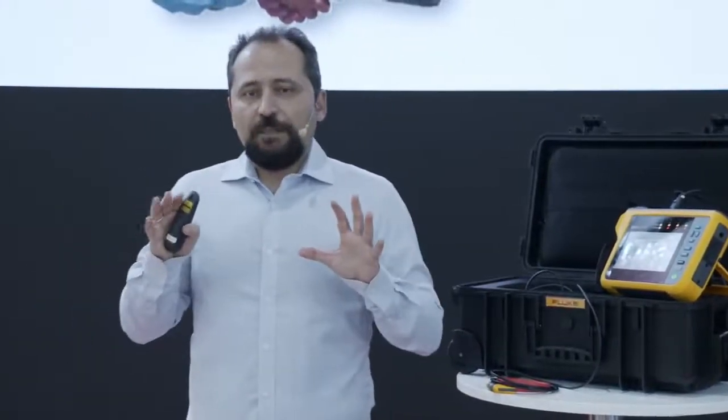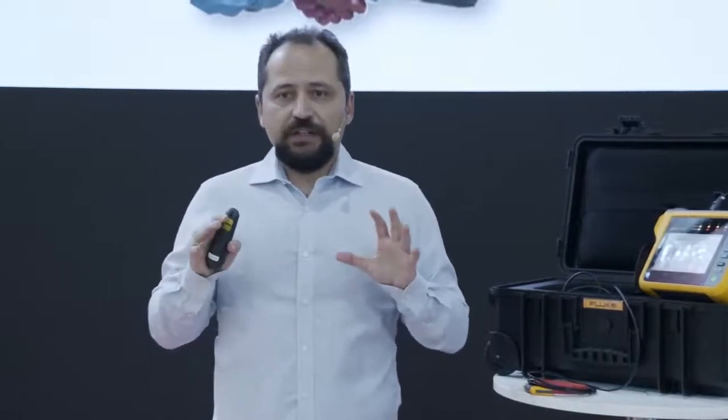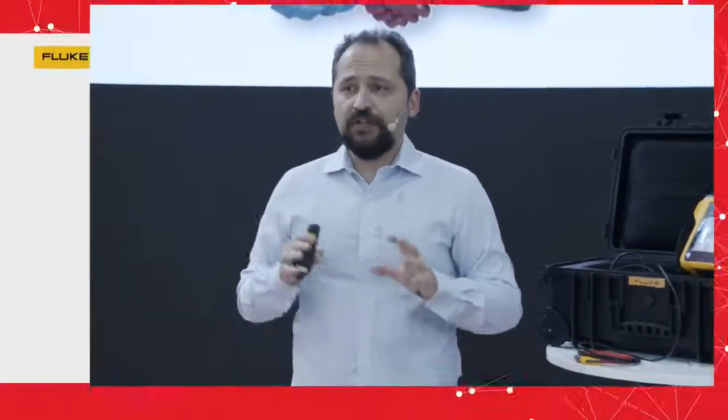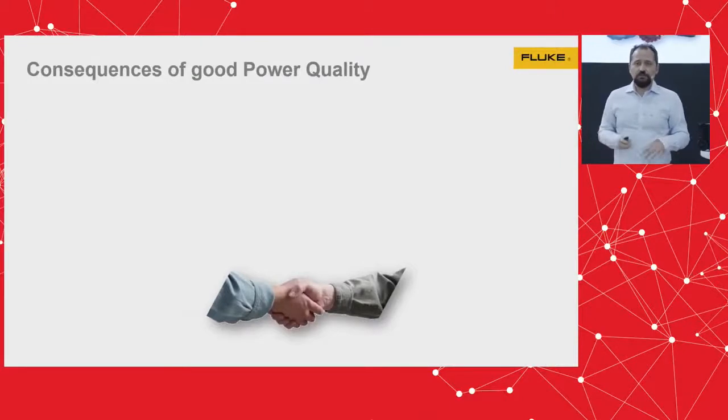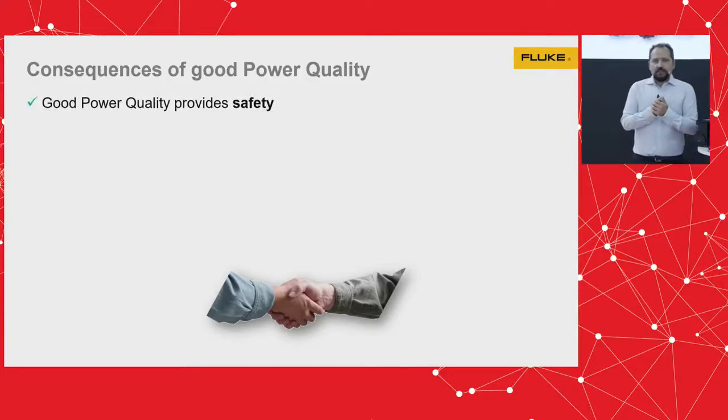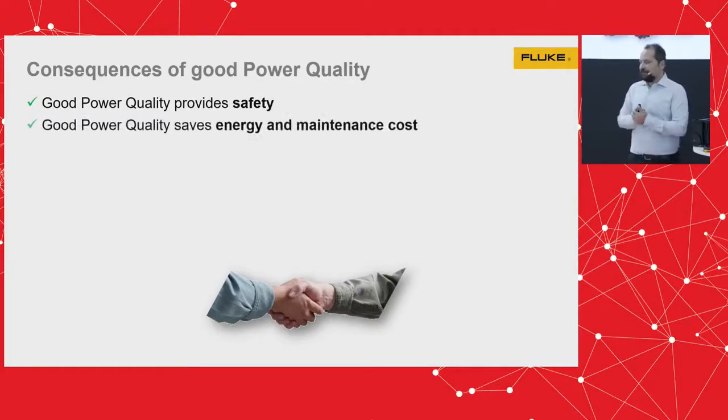So, if we keep our power quality in good shape, if we monitor it and take measures to ensure good power quality, we get the opposite: a lot of benefits. We get better safety. We don't compromise the personnel, our facilities, or the environment. It's going to be a much safer environment.